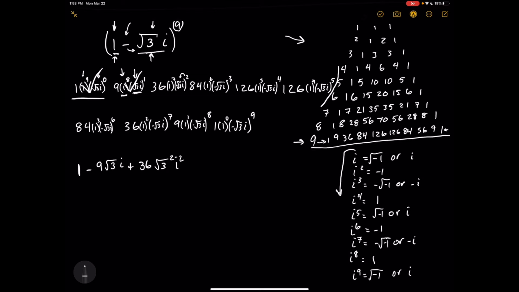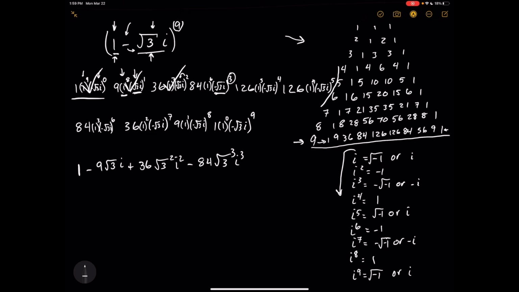Okay, I'm not going to simplify any other signs just yet. I'll deal with that in the next step. Then I've got, so done there. Now I've got 84. Again, I see that negative sign with this odd power, so it's going to be a negative. I'm going to subtract 84 root 3i, and this is root 3 cubed, and this is i cubed.